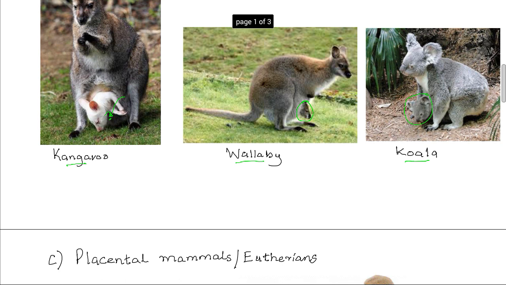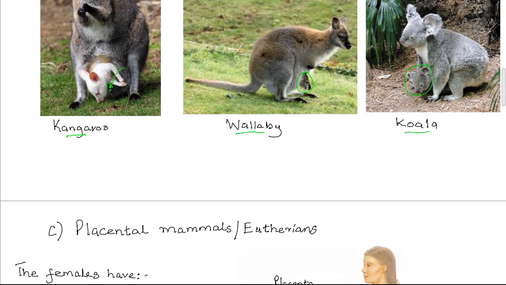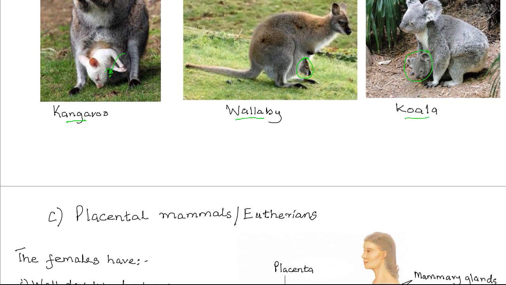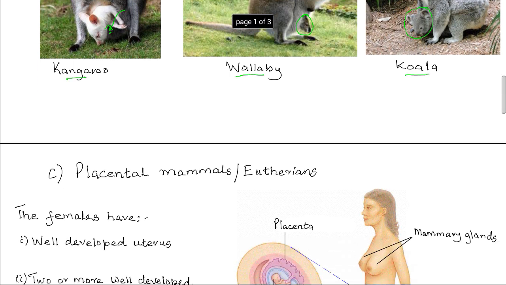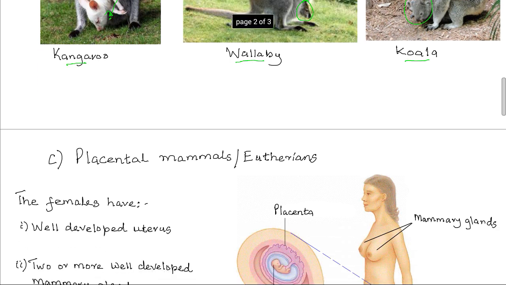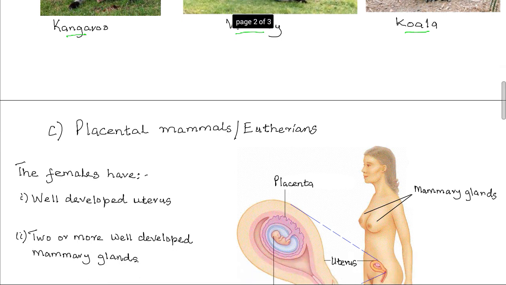Now, the third category of mammals are the placental mammals or the eutherians. The female of the eutherians have a well-developed uterus, and therefore they do develop a placenta.